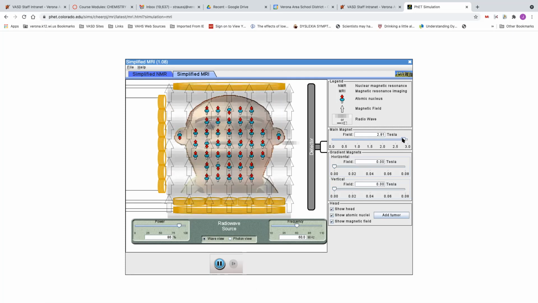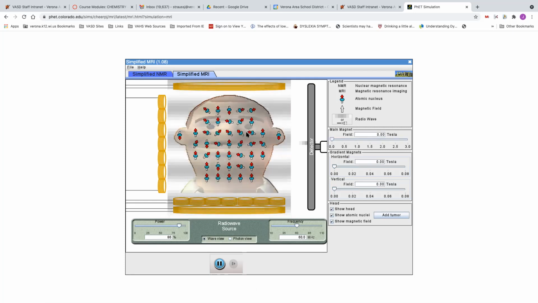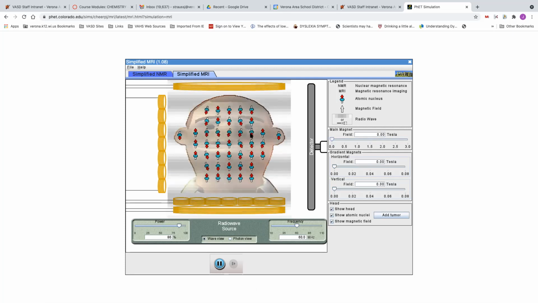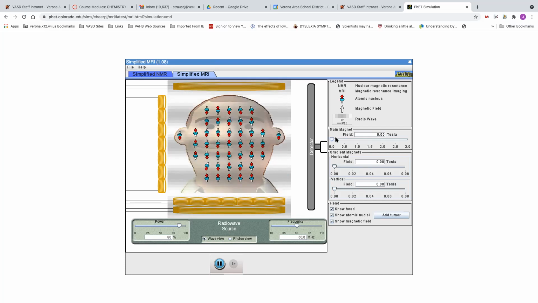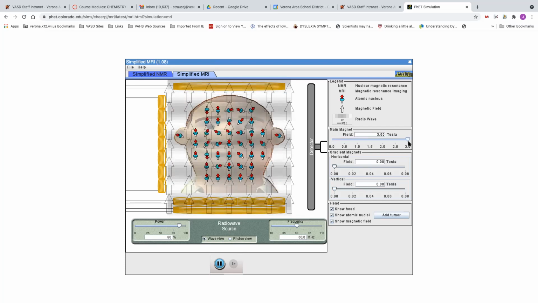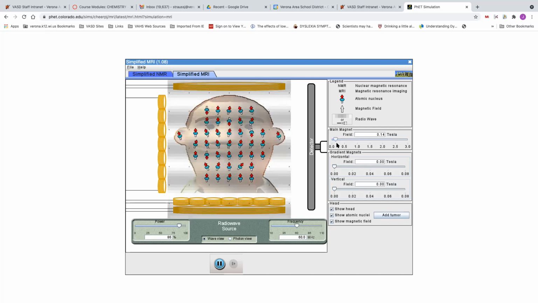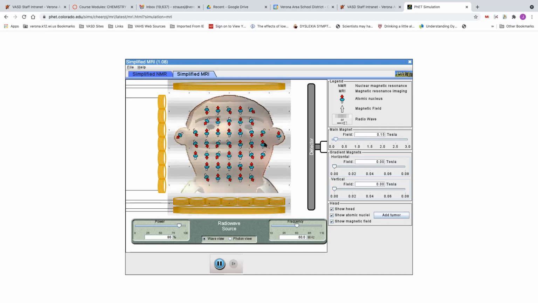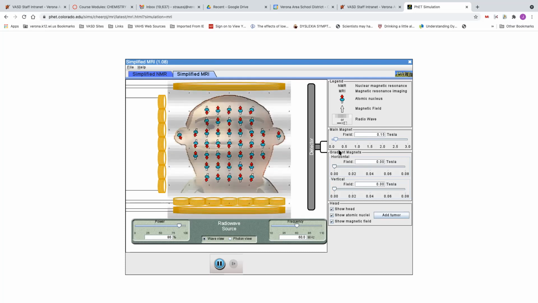Now, when I turn the magnet off, half of them will fall back down, and as they fall, they'll release radio waves. So I turn my magnet on. They go to the spin-up state. I turn my magnet off, and as they fall, come on, radio waves. Why aren't they showing the radio waves coming out?